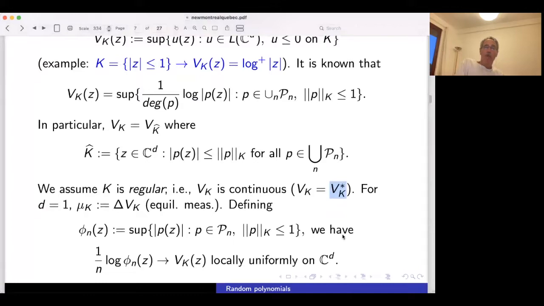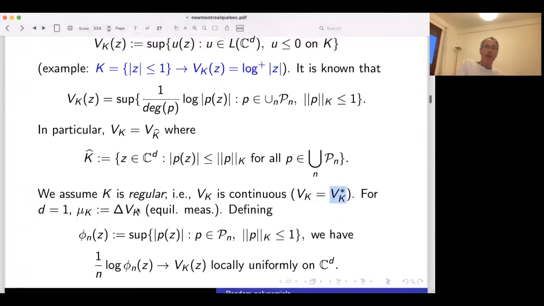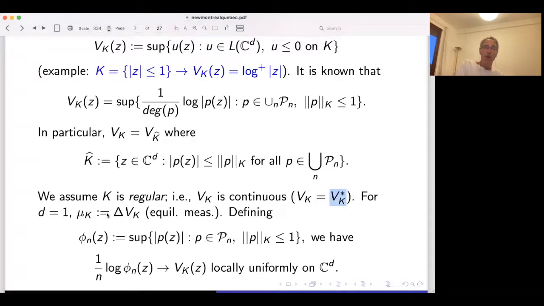Okay. Now, in one variable, the Laplacian of this Green's function, this extremal function, is the potential theoretic equilibrium measure for the compact set. That is, it's the probability measure on K that has smallest logarithmic energy. Note that if I take the sup of the moduli of polynomials of degree at most n that are normalized to sup norm at most 1 on K, I call that function phi_n.